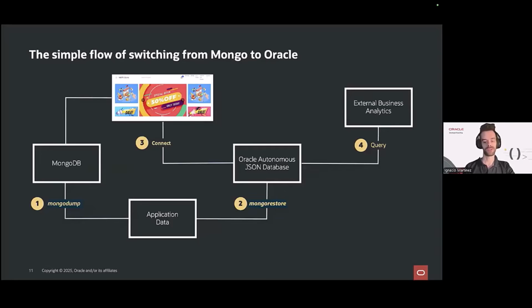And there are two options for this. I will introduce you to the command line option, which is going to use MongoDump and Mongo Restore, which are two commands that will allow us to take a snapshot of the database and then take that snapshot into Autonomous just with one simple command, which I'll show you how.